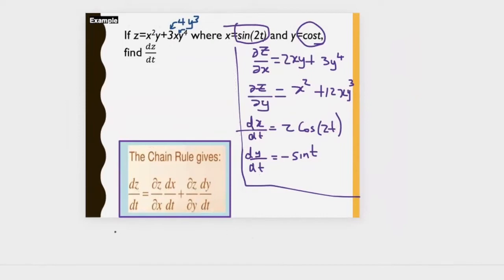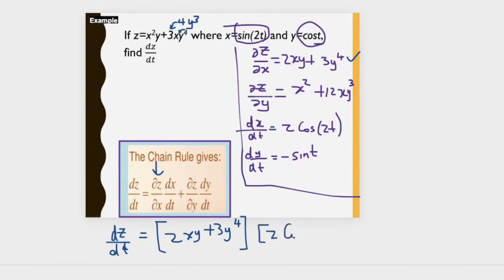Now applying this rule, I'll write it below here. I will have the derivative of z with respect to t. I'll write the partial derivative of z with respect to x, which is this. And I will have 2xy plus 3y to the fourth, and the derivative of x with respect to t will be 2 cos 2t, plus I will differentiate z with respect to y, which is this.